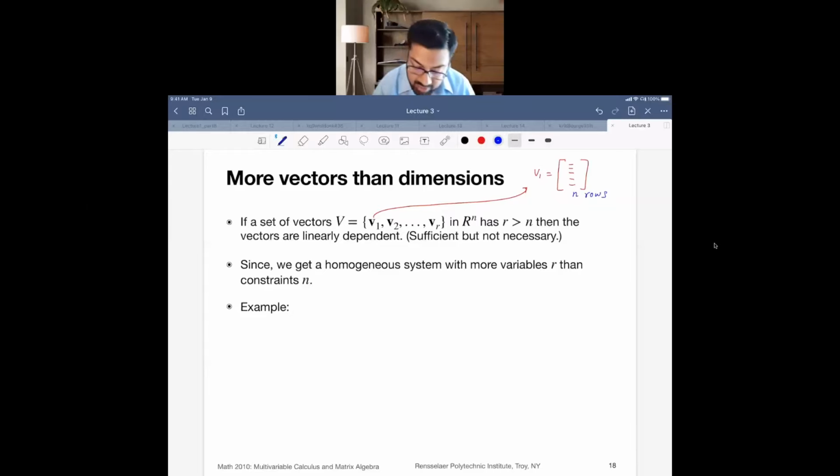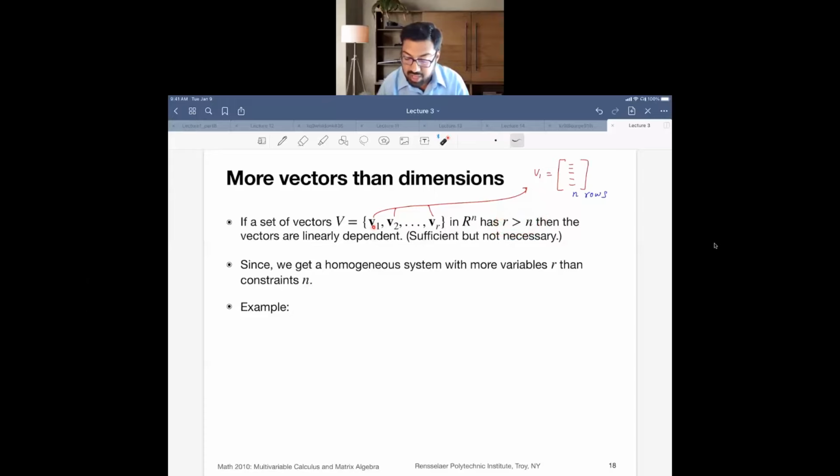So each of these will have n rows. So number of vectors are r, number of rows in each vector is n, and we are assuming that we have more vectors than dimensions, so r is more than n, right?